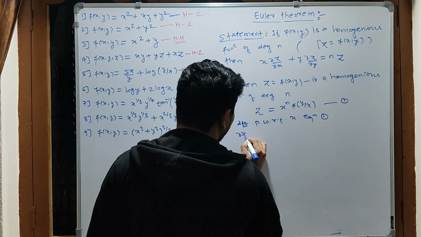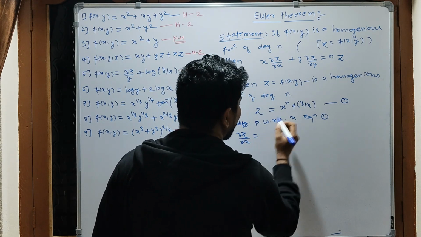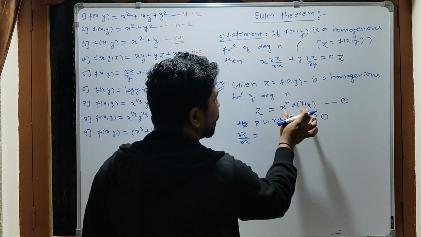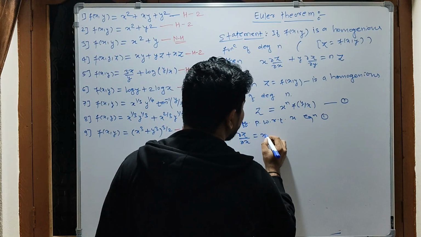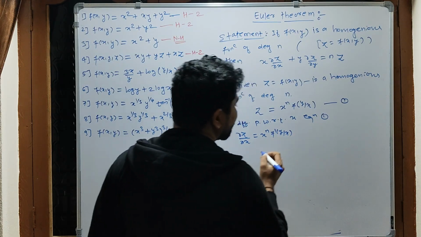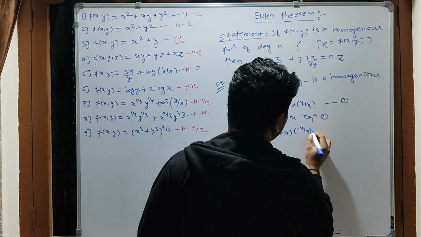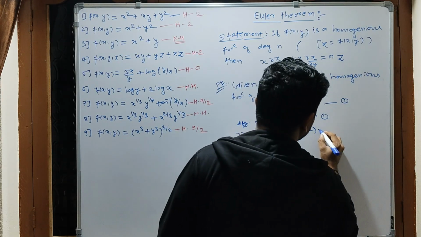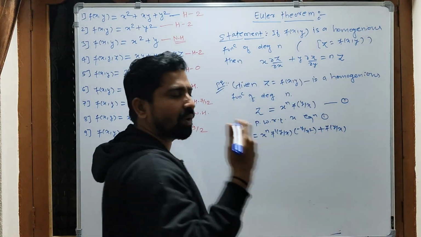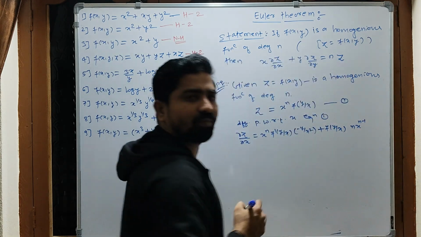So dou z by dou x is equal to, this is a product of two functions, so first as it is into derivative of second, f dash of y by x into derivative of y by x, which is minus y by x square, plus f of y by x into derivative of x to the power n, that is n times x to the power n minus 1.